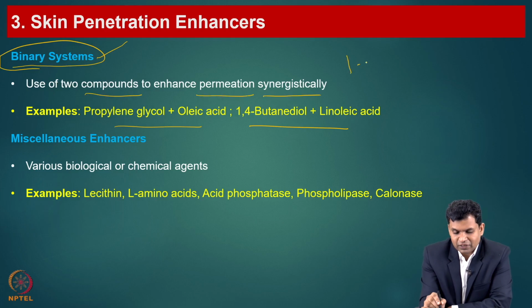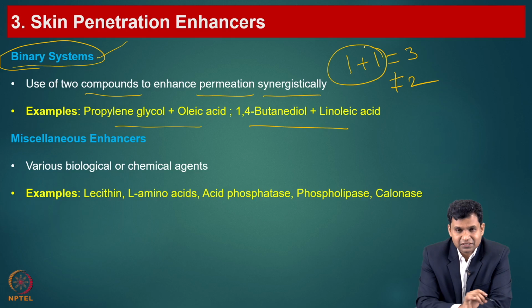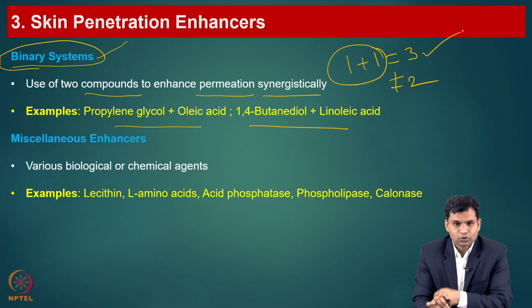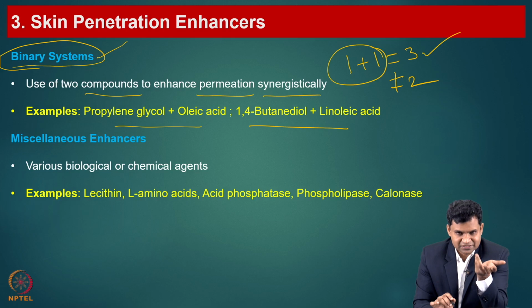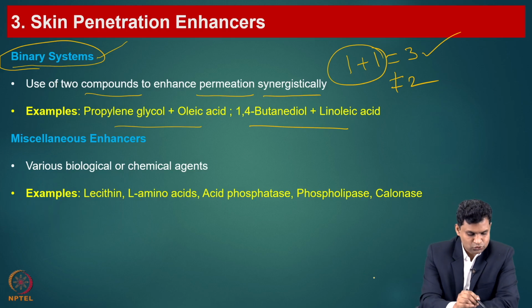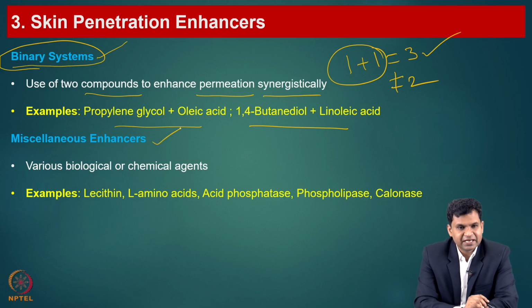So, nothing but 1 plus 1 equals 3, not 2, because it works on a synergistic mechanism. There are drugs that also work by a synergistic mechanism when used in combinations, which we generally use in chemotherapy, right. Similarly, miscellaneous enhancers.